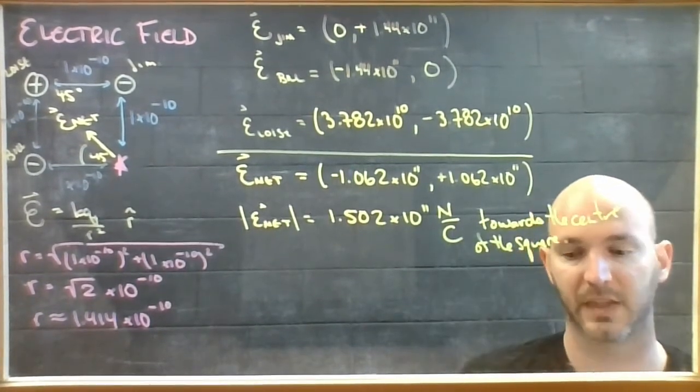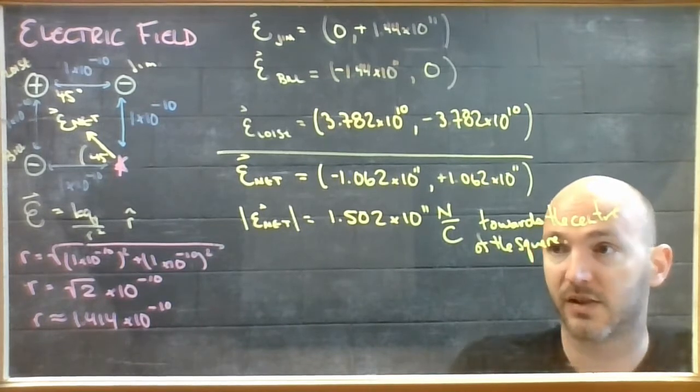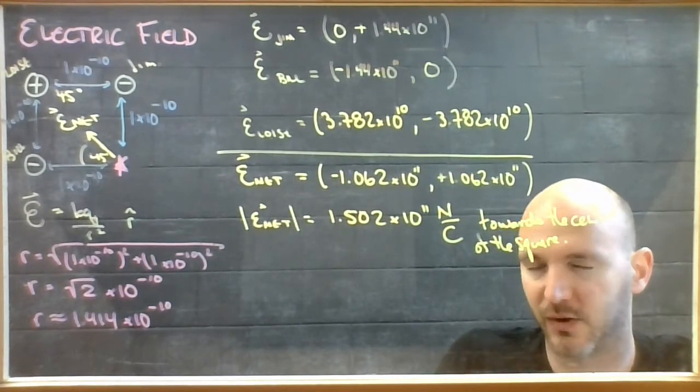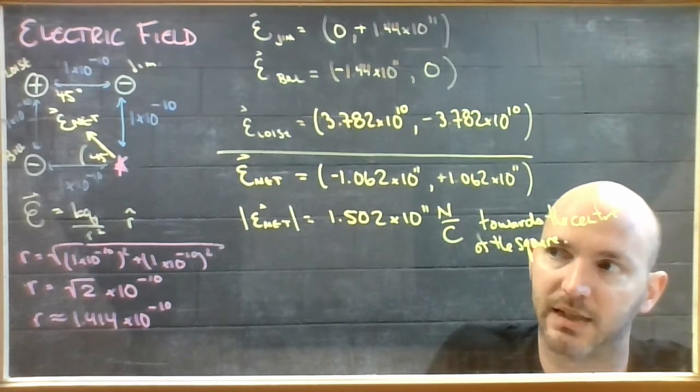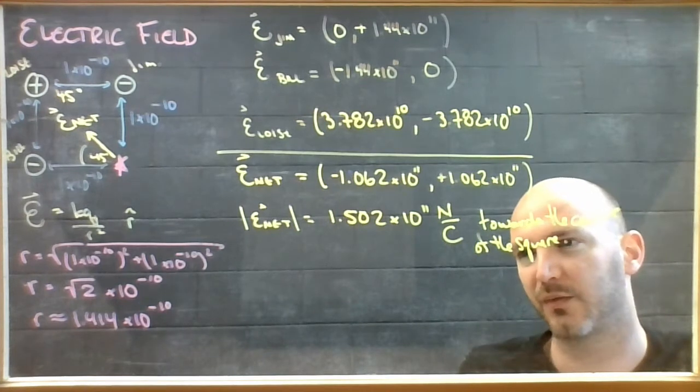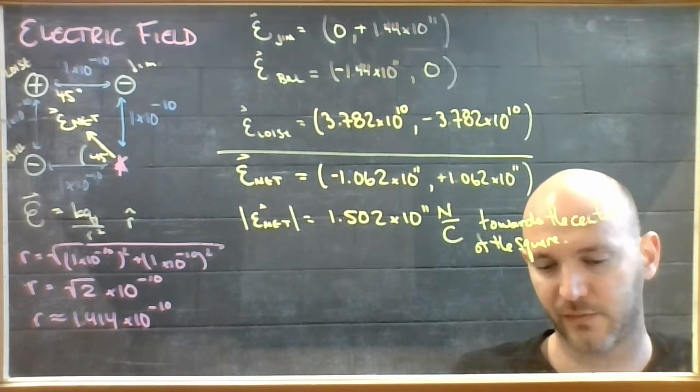Okay, lovely. So now that I've got the size of the electric field and I have the direction, I can use that then to put in a test charge. So what would the force be? So calculate force.